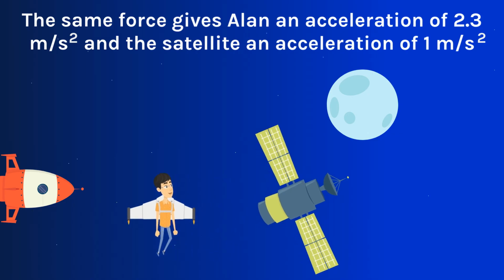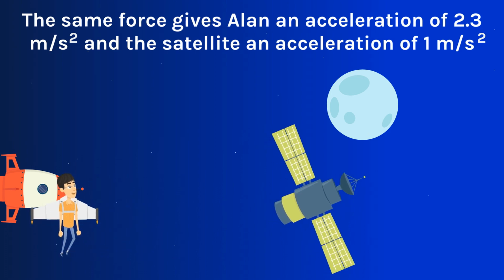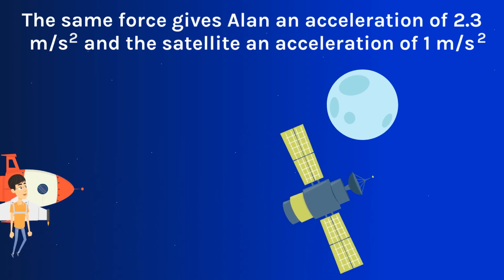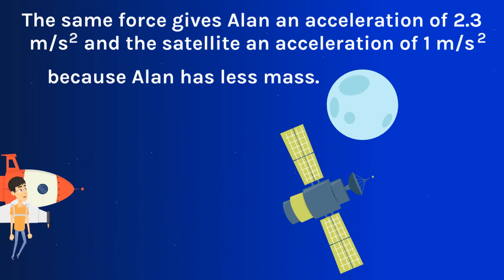The same force gives Alan an acceleration of 2.3 meters per second squared and the satellite an acceleration of 1 meter per second squared, because Alan has less mass.